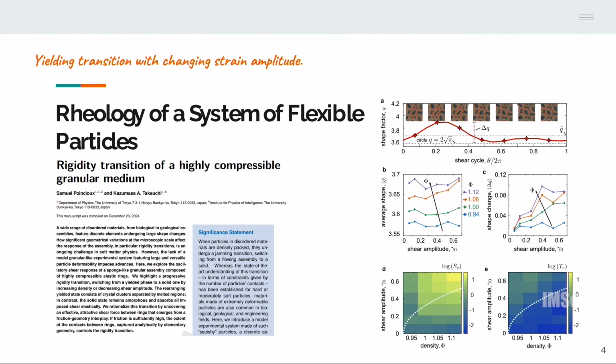So we see that it changes with the shear cycle, and an interesting thing that they see is that there is this competition between the shape change of particles and particle rearrangements. So where you have more shape change, the rearrangements are sort of hindered.